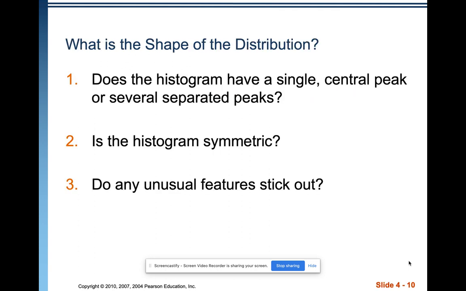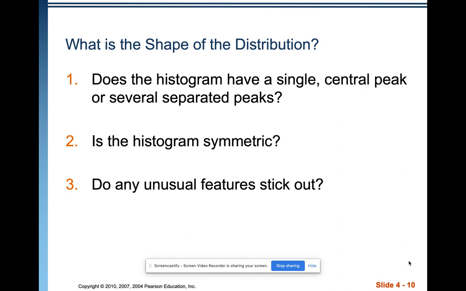Okay, so when you're looking at the shape of a distribution, whether it's a histogram, stem and leaf display, or dot plot, you want to look to see if there's a single central peak or several separated peaks in the data. In other words, values where the most observations lie.